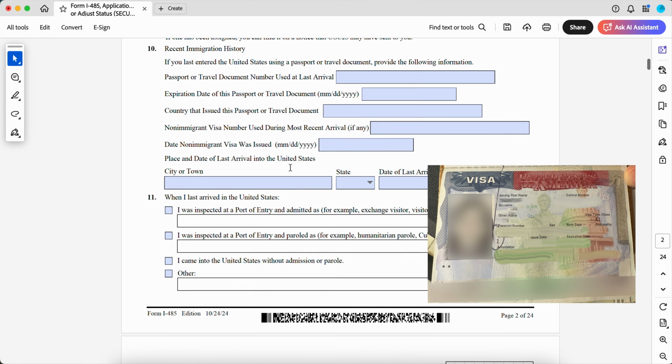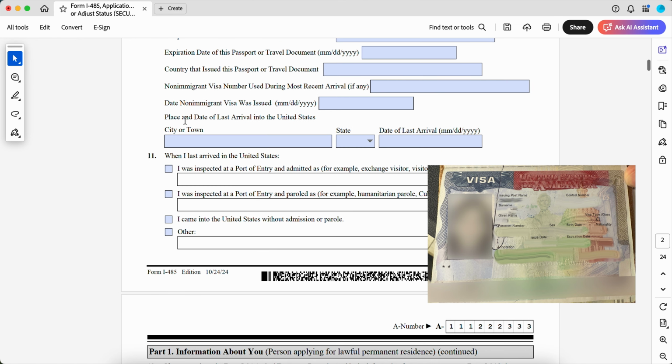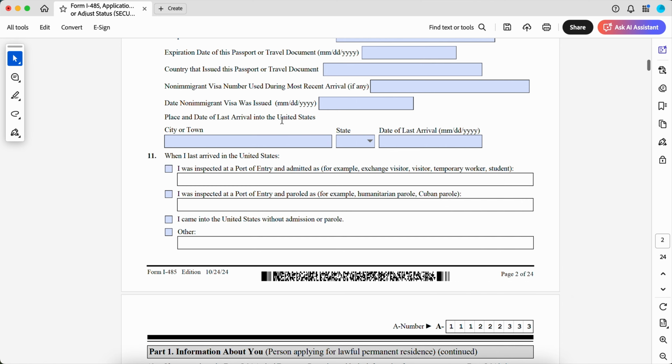And then the date the visa was issued is also typed in your visa. And you can find all of this in your passport. And then place of last arrival into the United States. You write the airport, so not where you reside right now, but the actual airport to which you came in the United States.